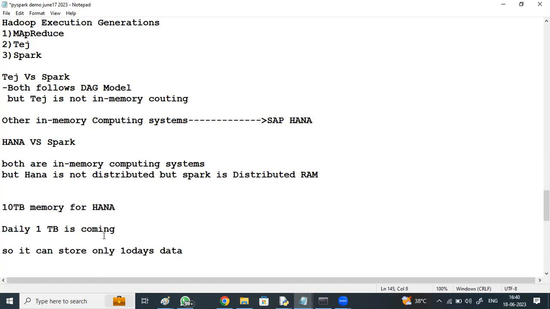But in the case of Spark, it's distributed RAM, so we can keep on increasing that capacity. Spark is distributed means the Spark data objects are subdivided into partitions.